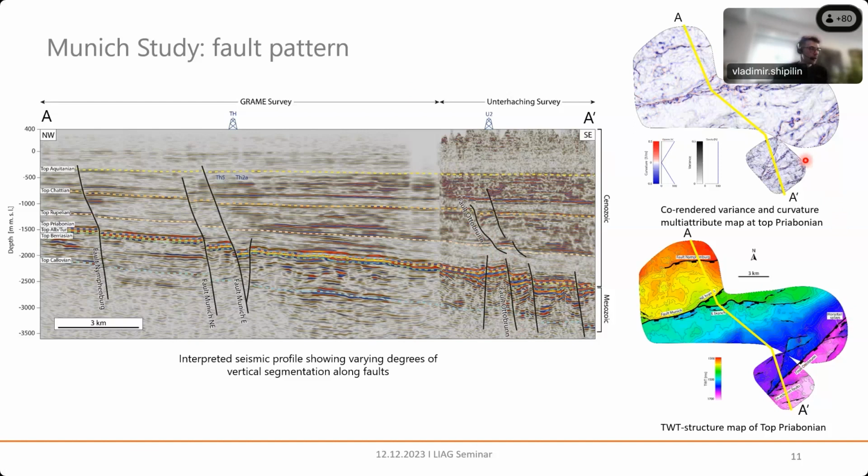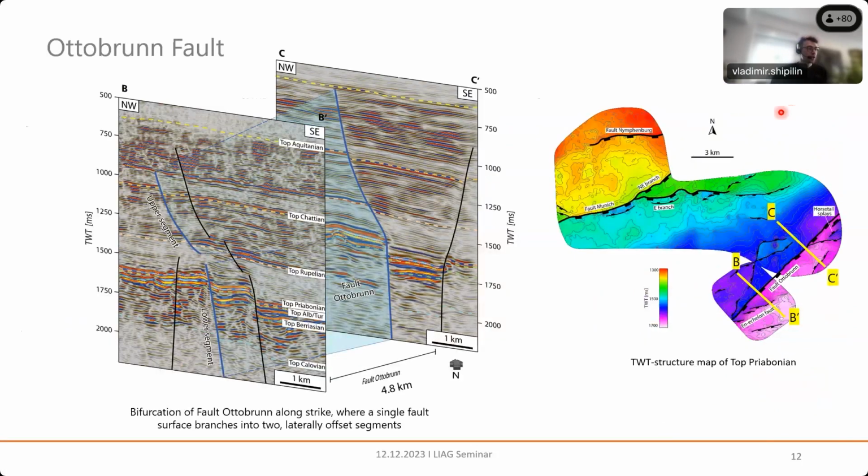If we look now at a different cross section that was laid orthogonal to the strike of the fault Ottobrunn, this one more to the northeast, we see that at this cross section there is no vertical decoupling along the fault trace. We see here a through-going fault.